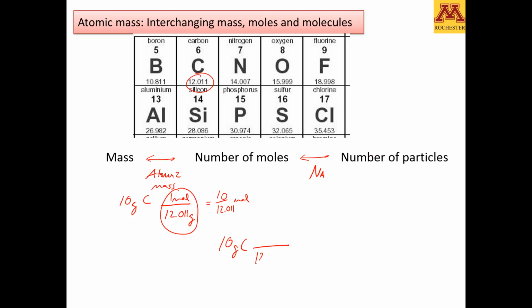So first we use, as we did here, the atomic mass, 1 mole. And now we will have to use Avogadro's number that says in 1 mole of, in this case, atoms of carbon, there are 6.022 times 10 to the 23 atoms.